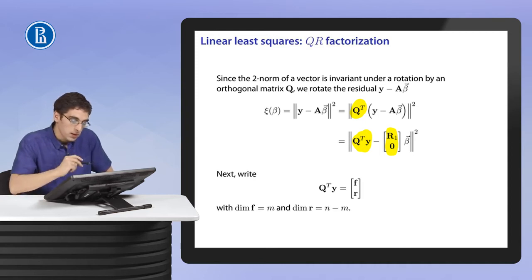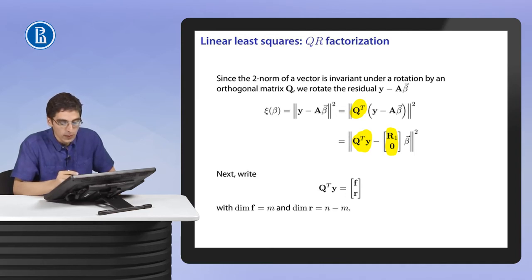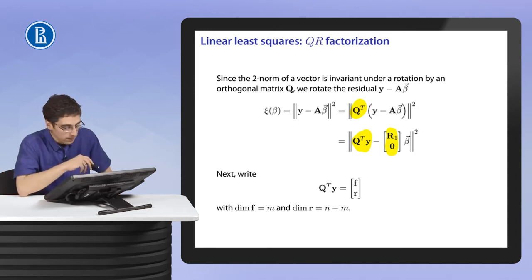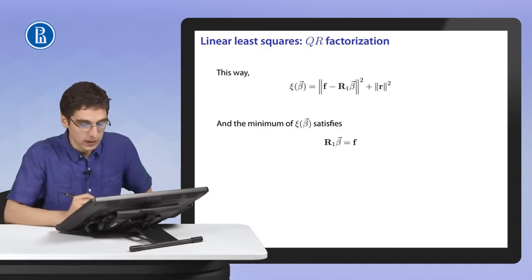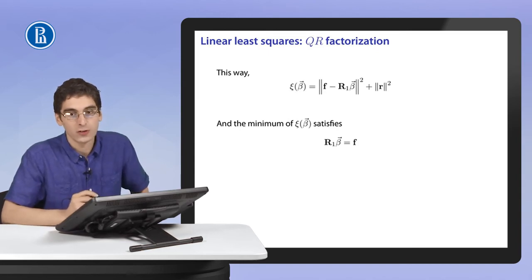Okay, then let's see. In the second term, we have the upper part of dimension m of something, and the rest is all zeros. So let's factorize the first term in the same way. We just name the first m entries by f and the rest by r. So with this renaming, with this splitting, the original cost function splits into two terms.